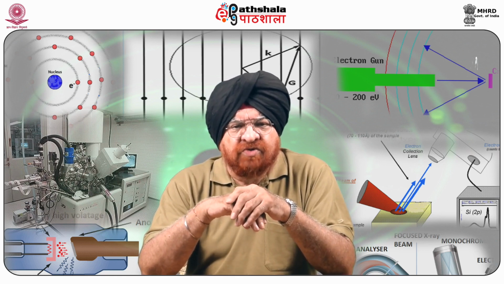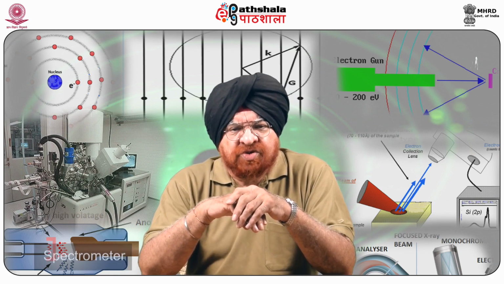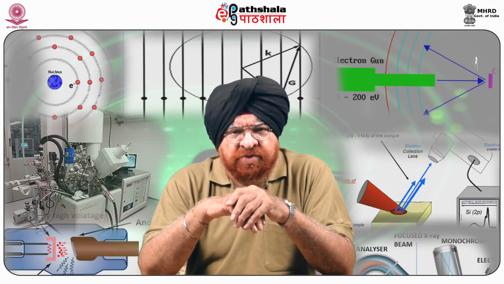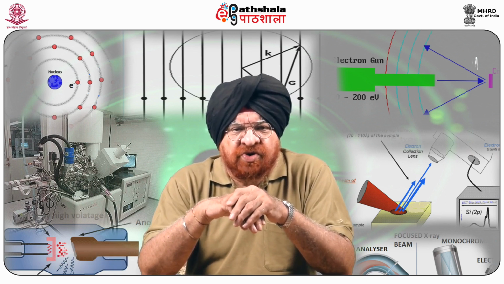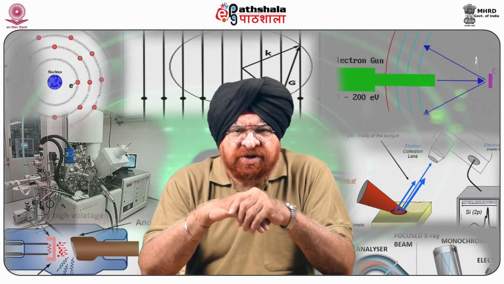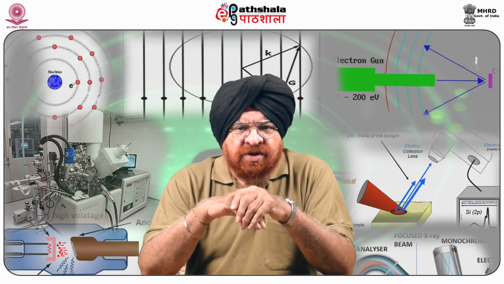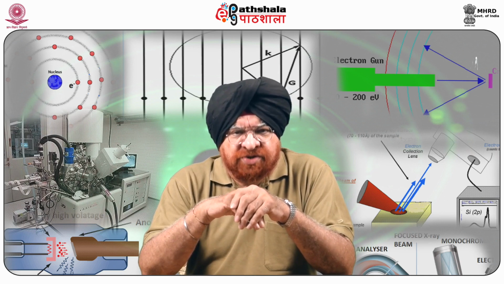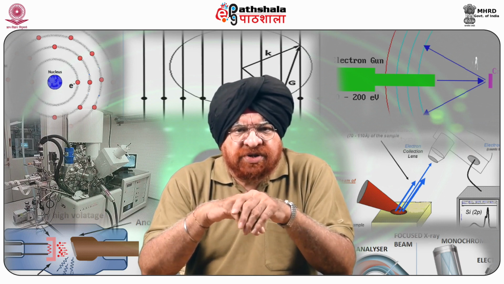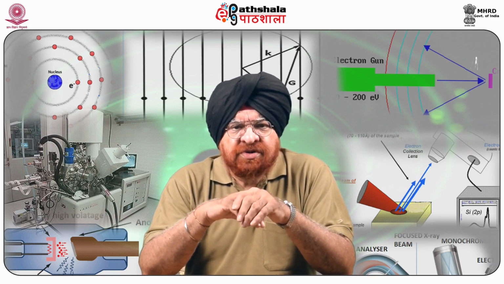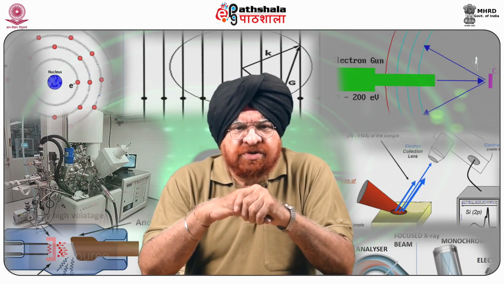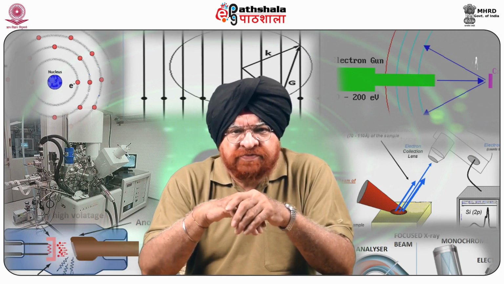You will be thinking about what a spectrometer is. A spectrometer is an apparatus or an instrument that is normally used for recording and measuring spectra, especially in a method of analysis. A secondary ion mass spectrometer consists of the following parts. First is the ion source, then we have the primary ion column.